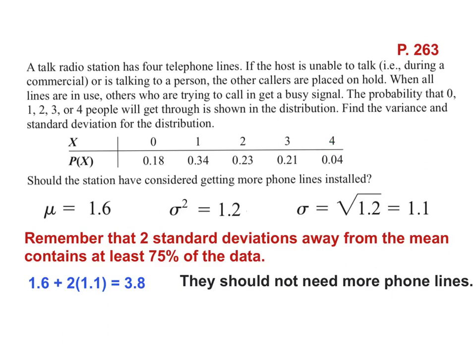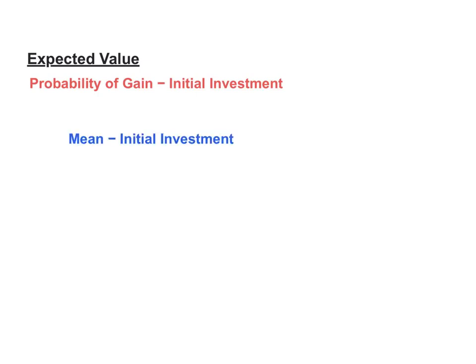We need to get into expected value. And I'm going to give you two kind of formulas for that, which aren't hard. First, that's what we're talking about, is expected value. Here's the first formula. The probability of gain minus the initial investment. And the way that we calculate the probability of gain is actually just take the mean. So maybe it's better if I line up the minus signs. Is that better?